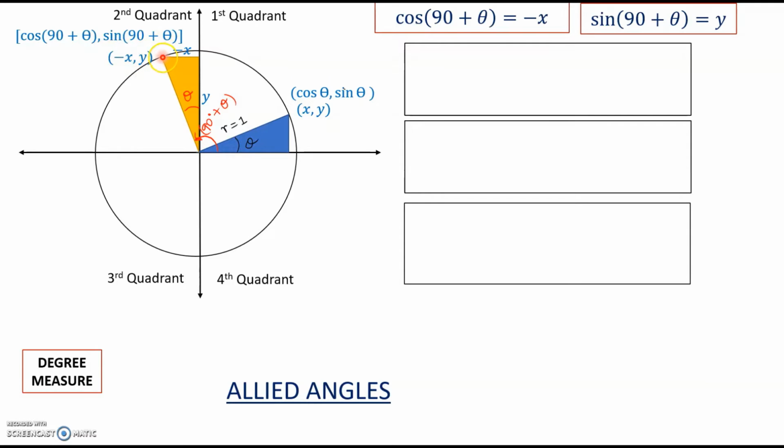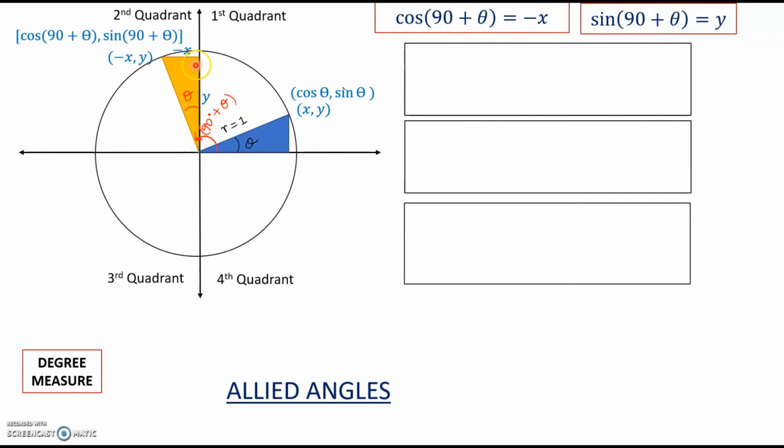We know that the coordinate here has a negative value for x and a positive value for y, because in the second quadrant the x value is negative, the y value is positive, so it's minus x and y. So I'm going to define my cos 90 plus theta as minus x and sin 90 plus theta as y.